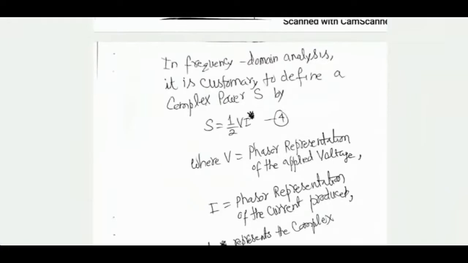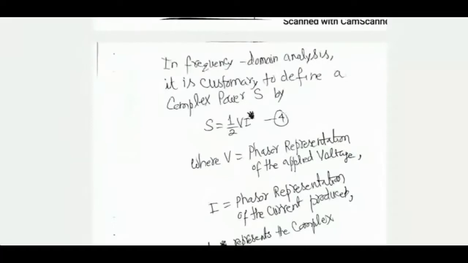Remember, in time domain, we had seen that, at least in a very general case, the instantaneous power had a constant term and a time dependent term. That fact is being captured in frequency domain through using a concept called complex power.